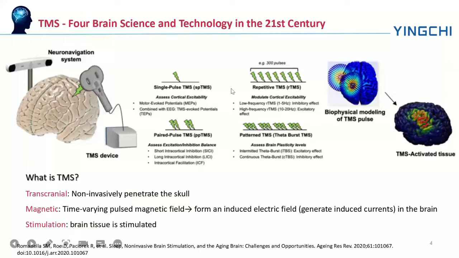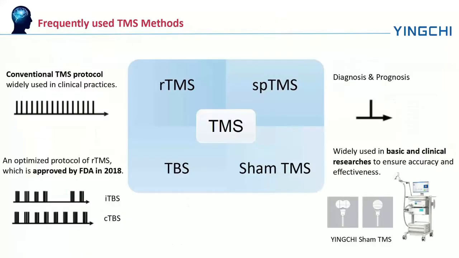And you may also discover that TMS has different patterns, and these patterns have different effects. We mainly use the single pulse TMS in diagnosis and prognosis, and we will also share some information about how to use the single pulse TMS in prognosis.